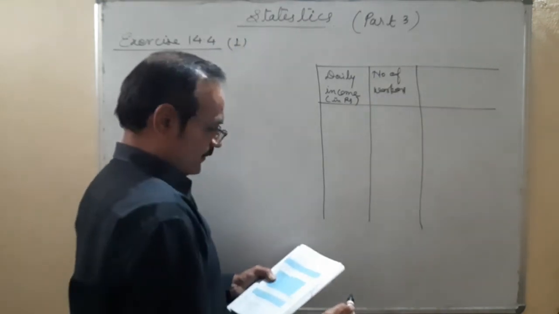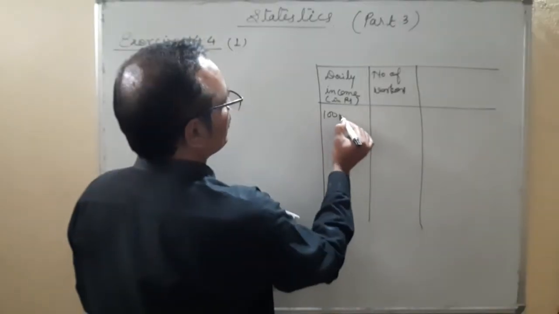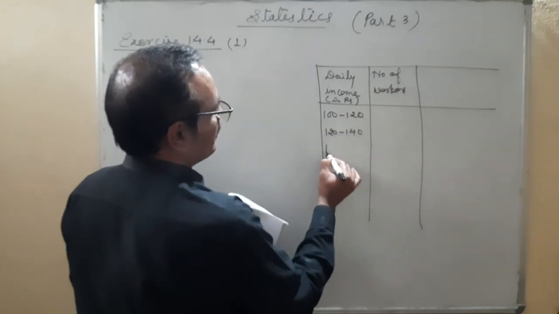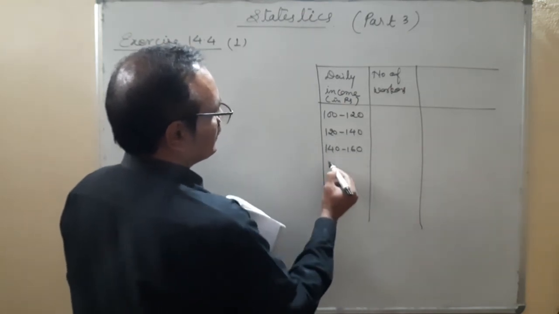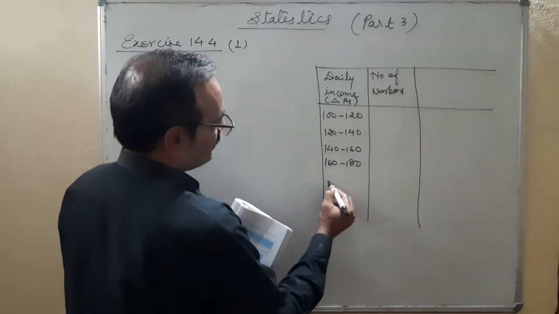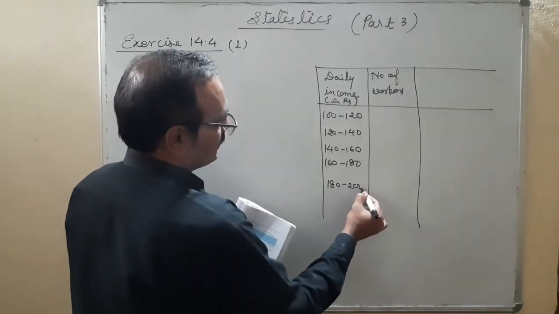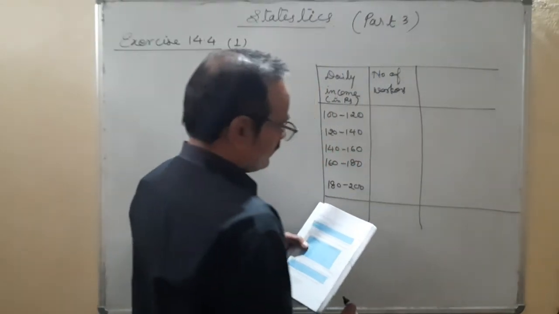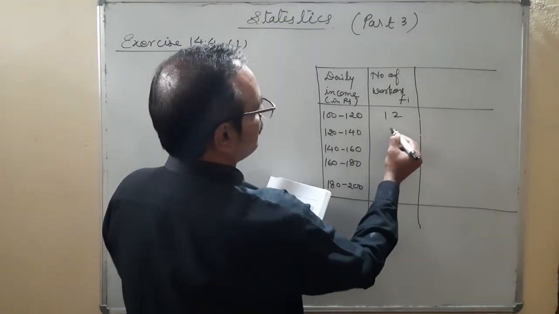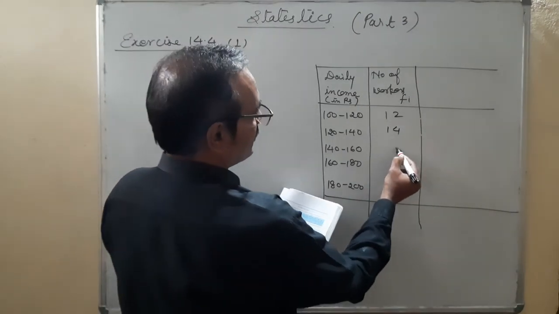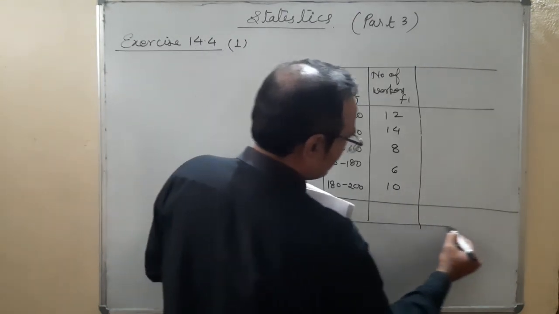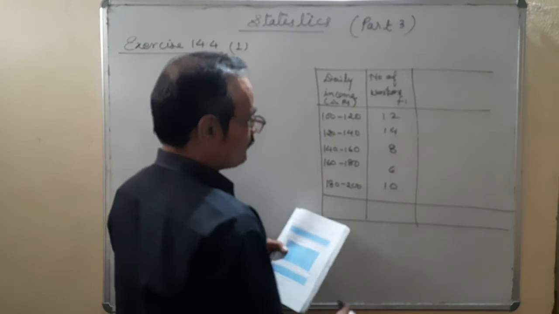The classes are 100 to 120, 120 to 140, 140 to 160, 160 to 180, and 180 to 200. Number of workers, f_i, are 12, 14, 8, 6, and 10. Total 50 workers are there.